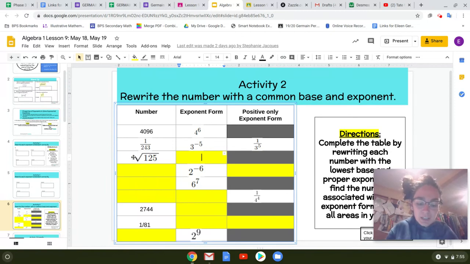So if we say it's going to be some number, I'm going to put an X for now because I don't know what it is, raised to the something divided by something power, okay? And we already know our denominator is going to be 2.